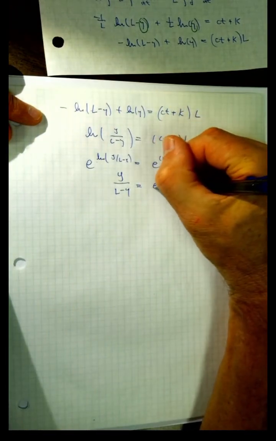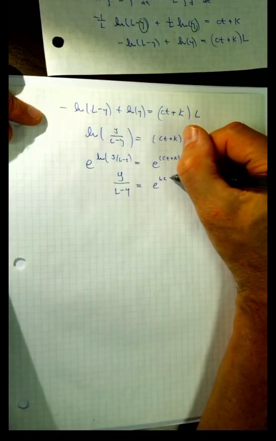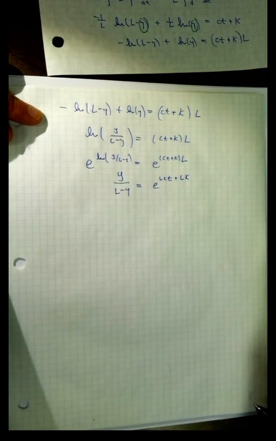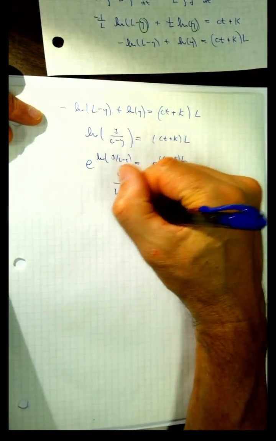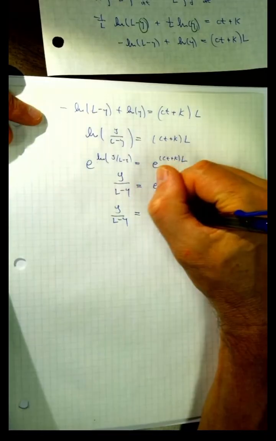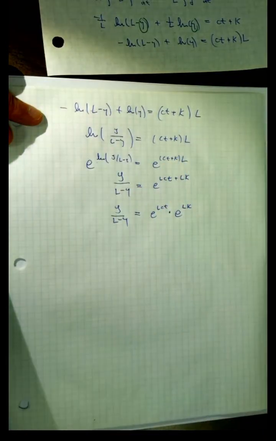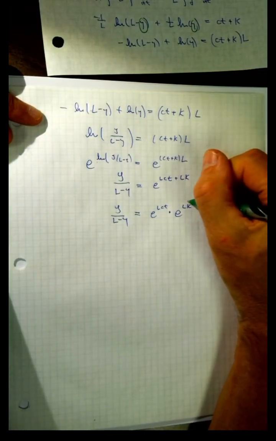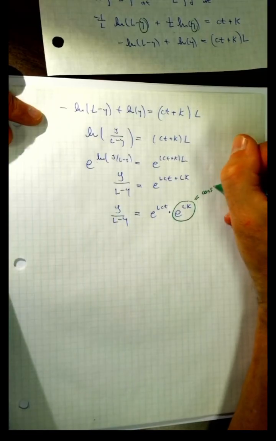Now here, I'm going to multiply that L through, so I'm going to have LCT plus LK. And I can write that as e to the LCT times e to the LK. And here's the thing to notice: k is a constant, L is a constant, so e to that is just some constant.